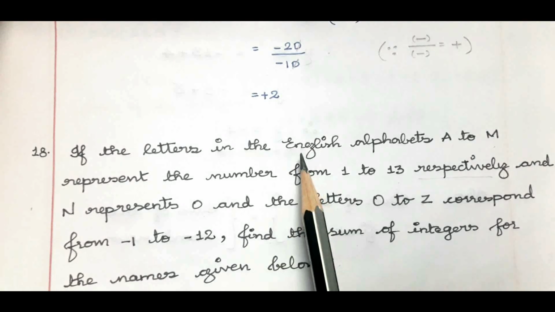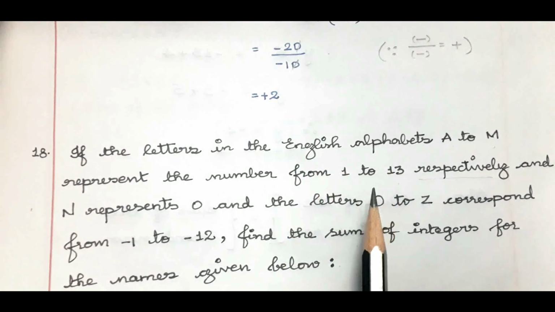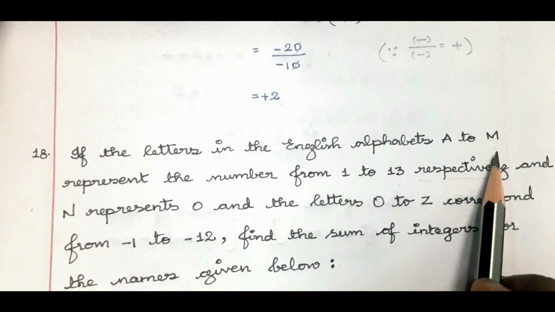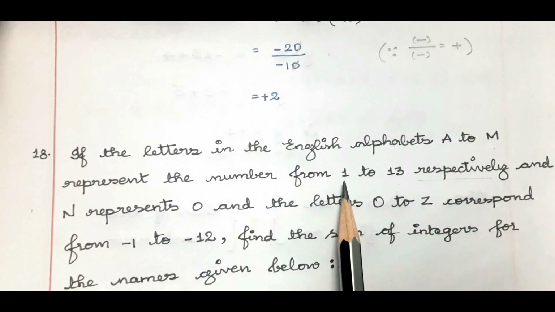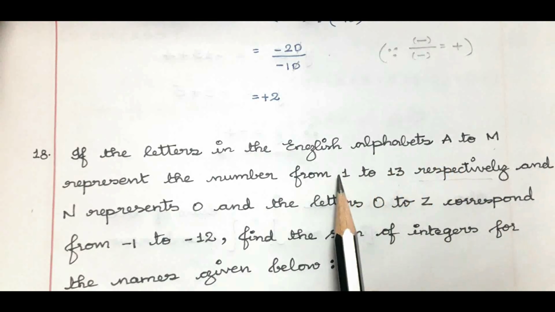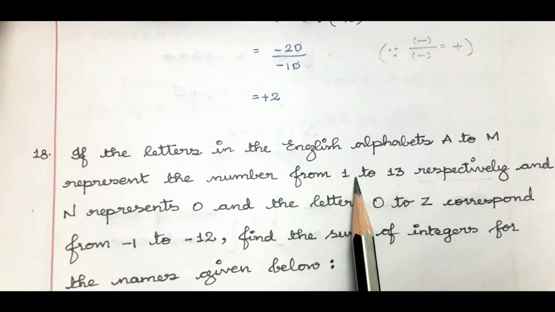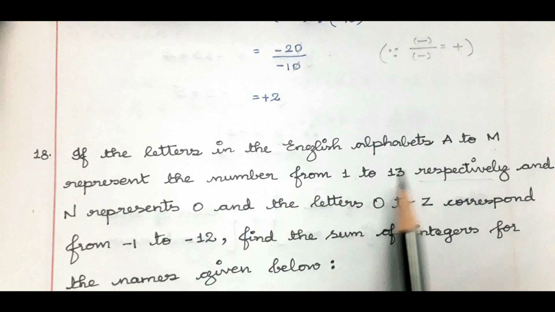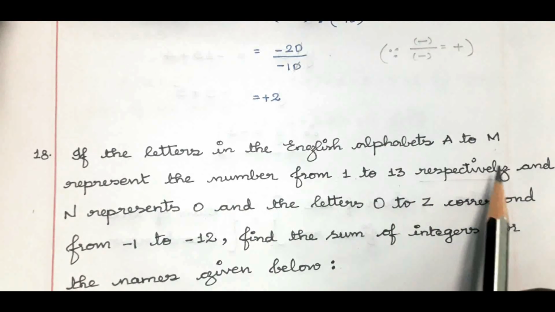We know that the English alphabet has 26 letters. Of these, A to M are assigned the values 1 to 13 respectively, which means the first letter carries the first number, the second letter the second number, the third letter the third number, and so on, in order.